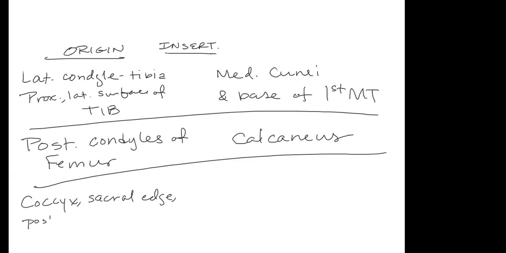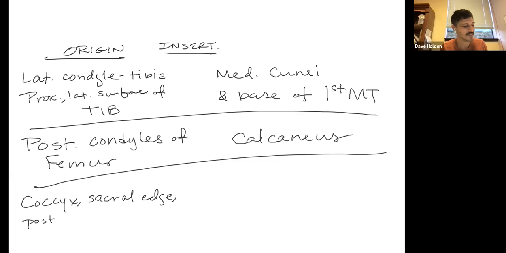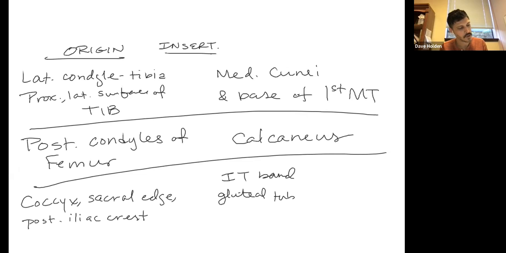Gluteus maximus. Very good. Origin, coccyx, exit of the sacrum and the posterior iliac crest, inserts on the IT band and the gluteal tuberosity. Of course, we are talking about gluteus maximus.